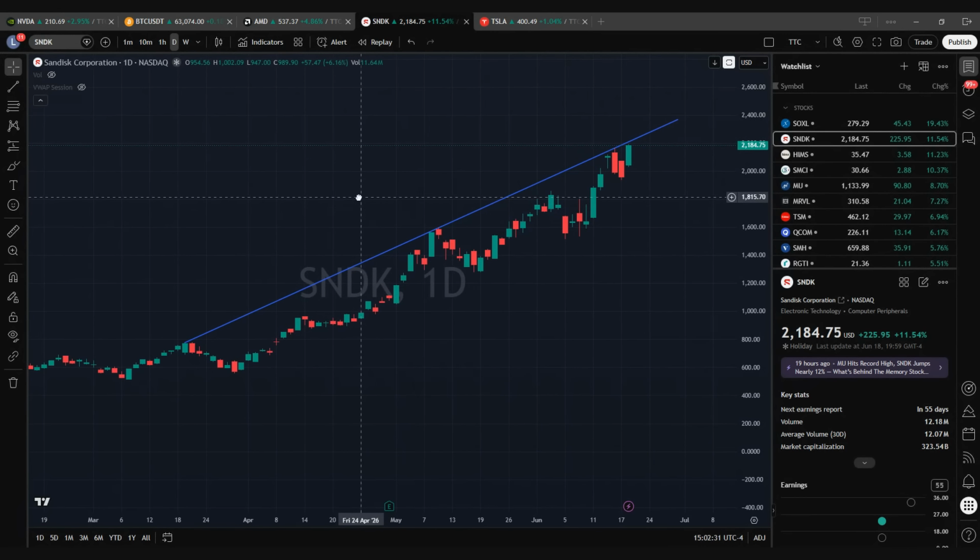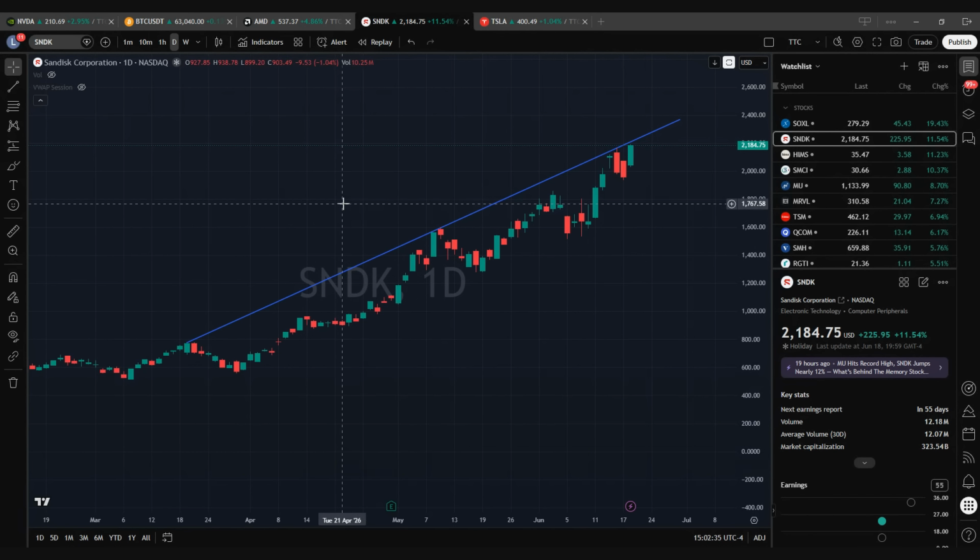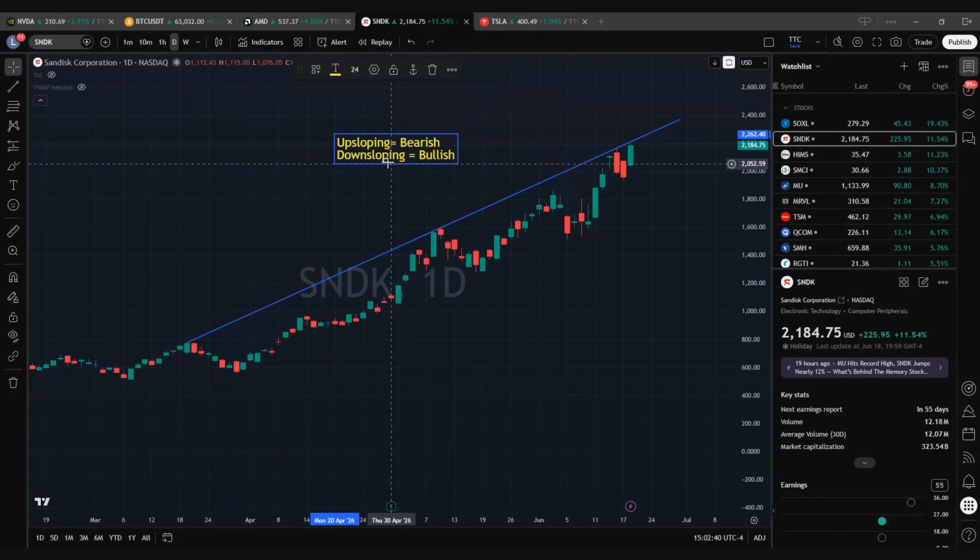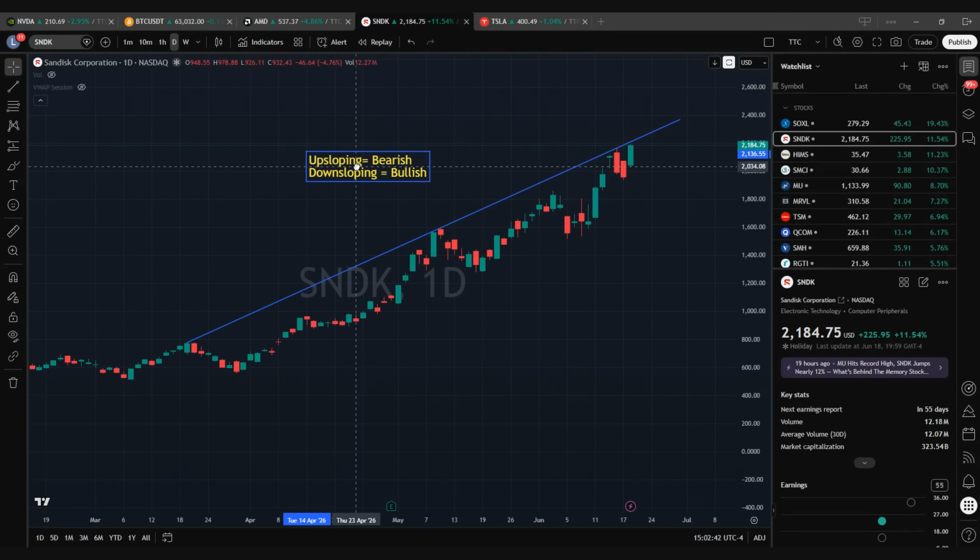So, again, just as a refresher, we're talking about trend lines. And if I go ahead, handy dandy paste button, what do we know here? Upsloping trend lines are bearish, downsloping trend lines are bullish, right? Bullish patterns.